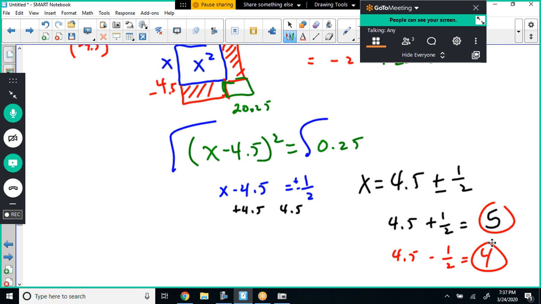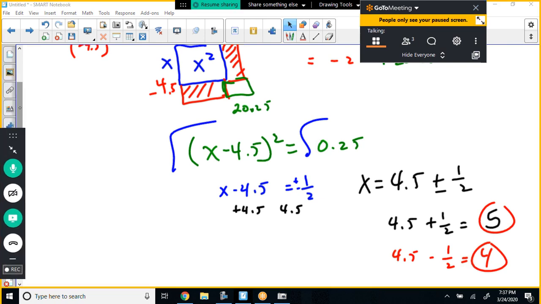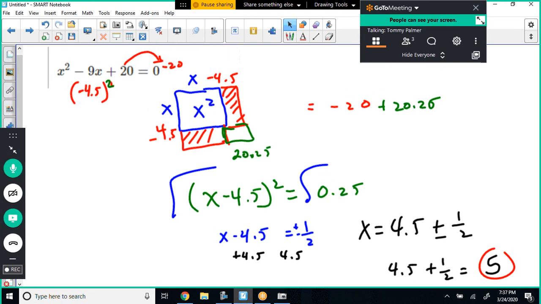So that's completing the square using the theory of algebra tiles, really. It's a visual representation. The quadratic formula does all of this, so you don't have to worry about it.